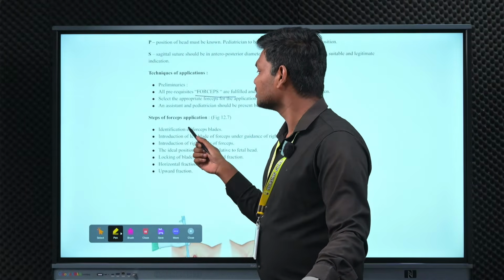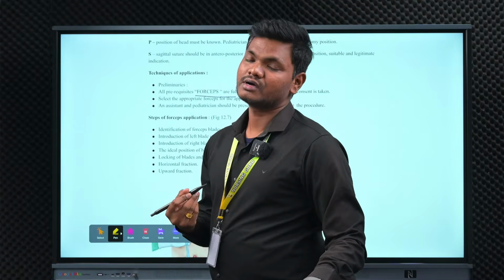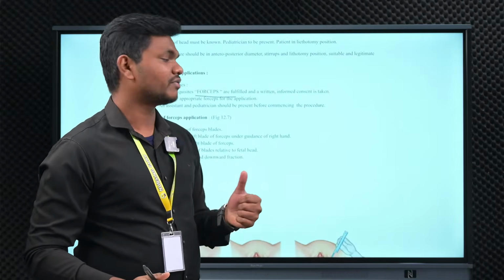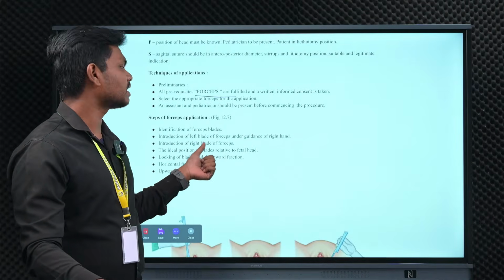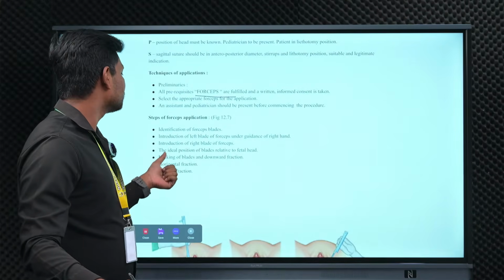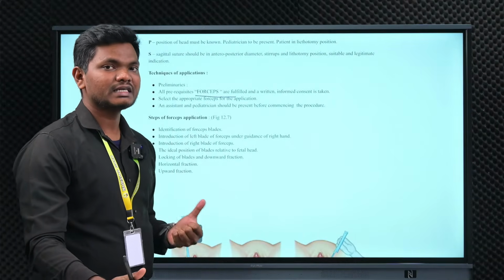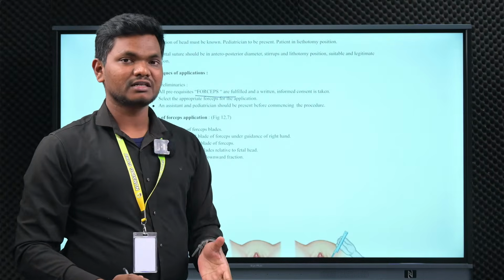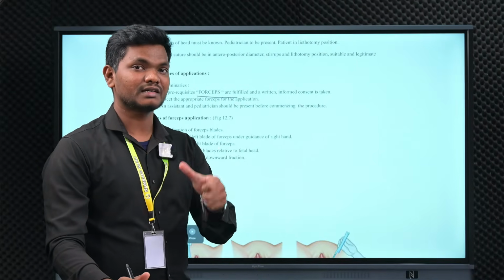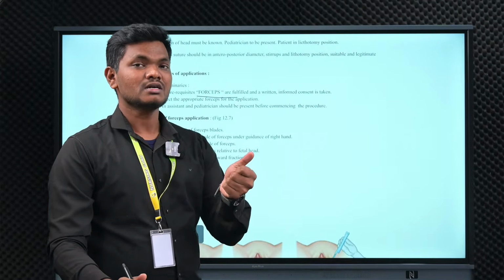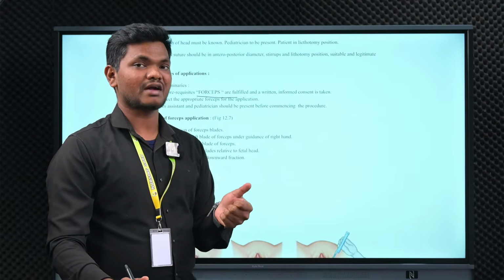The second one is introducing the left blade of the forceps with the help of the right hand, and then introduction of the right blade, then the ideal position of the blades relative to the fetal head. Using the right hand we take the left blade and introduce it through the cervical os into the uterine cavity to hold the fetus.